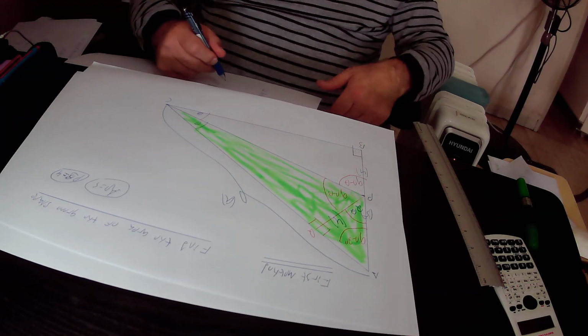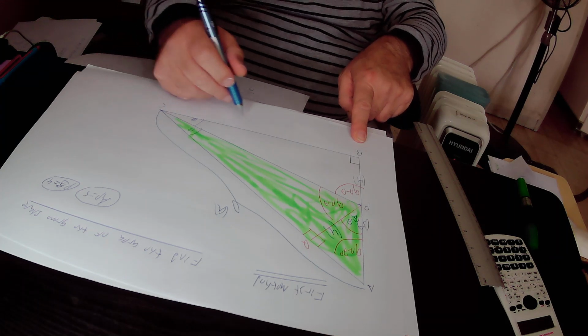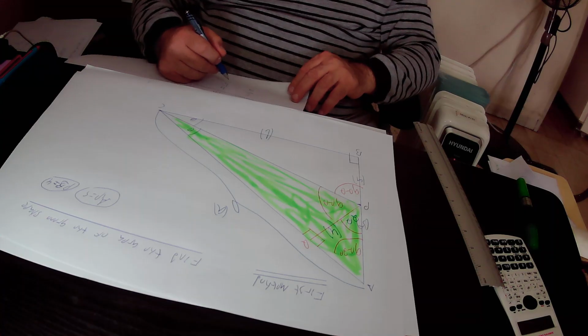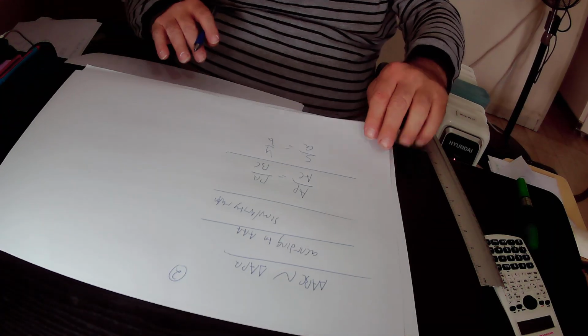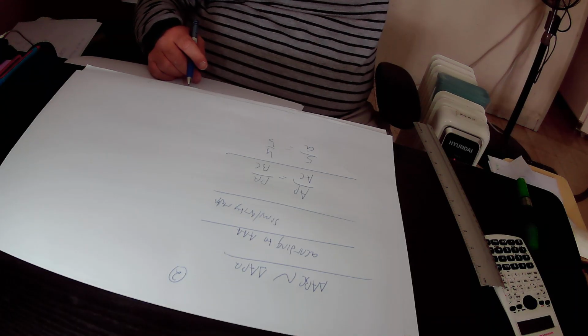PQ is 4 over BC. We define BC as B. So in total, we found out that 5 over A equals 4 over B.